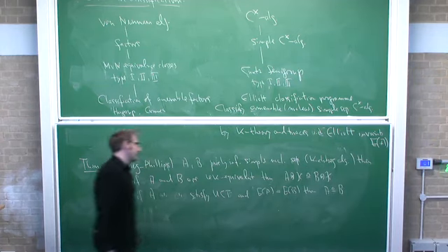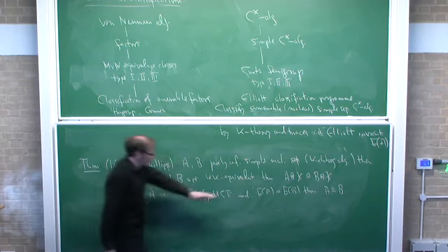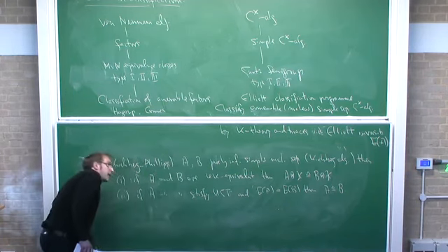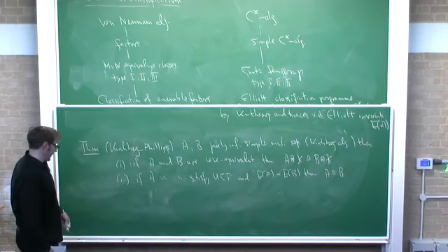In this case, it simply means K-theory, including the position of the unit in K-naught. That's the Elliott invariant in this case, because there are no traces.